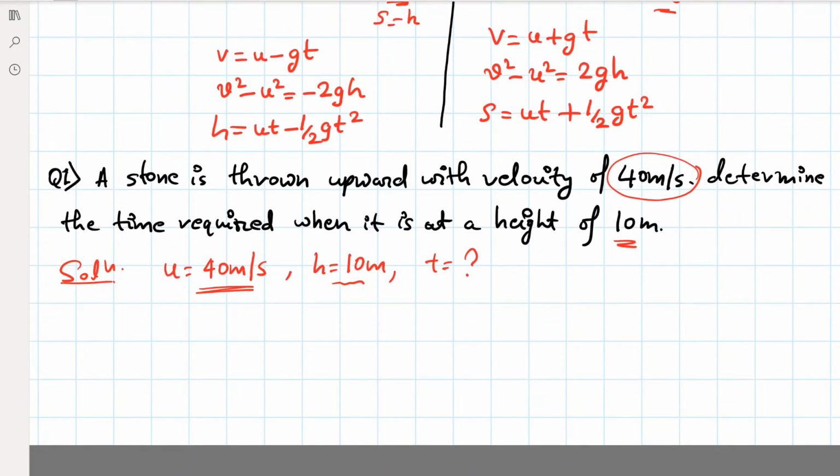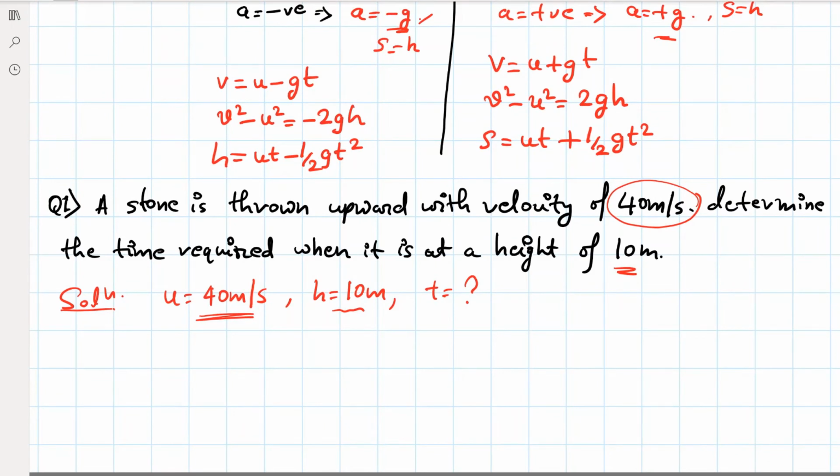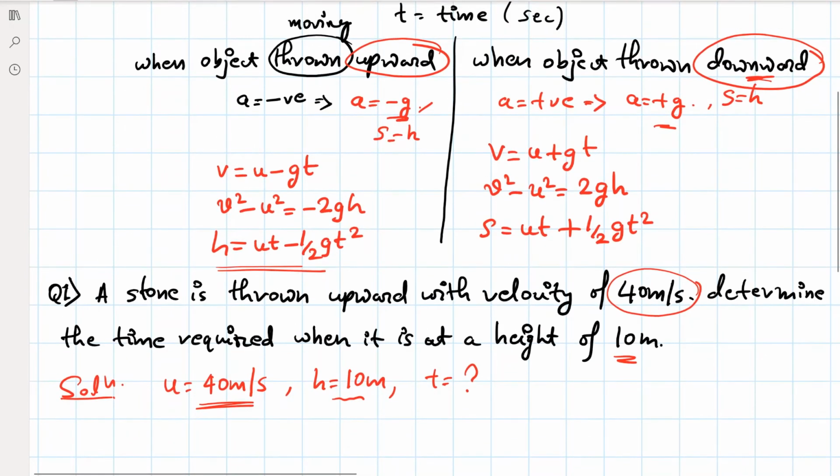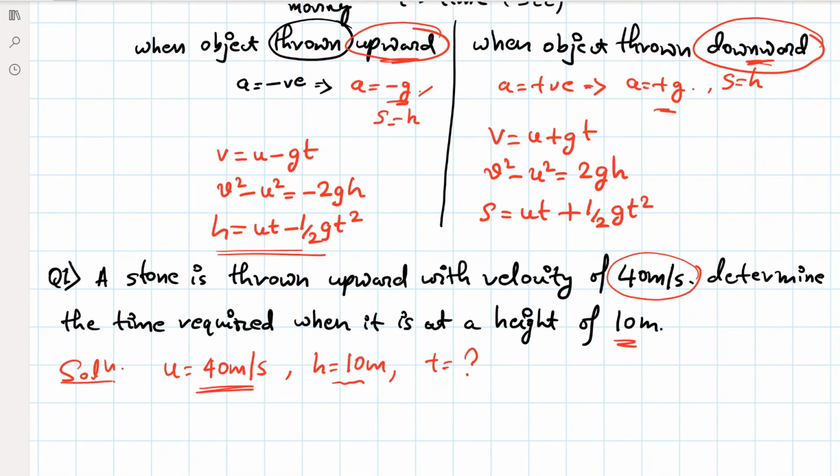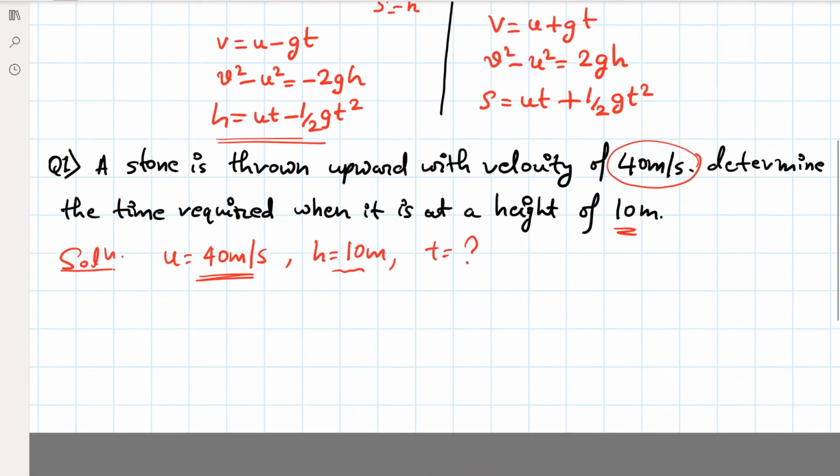So here we have the equation, so I can go for this equation. The object is thrown upward, so g is negative, so I will use this equation: H is equal to ut minus half gt square.